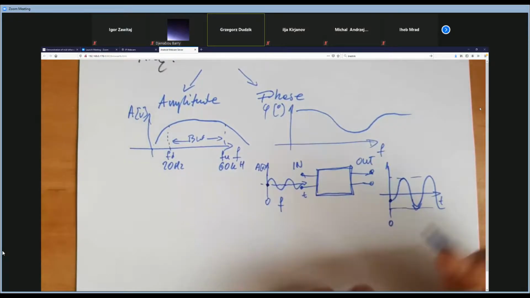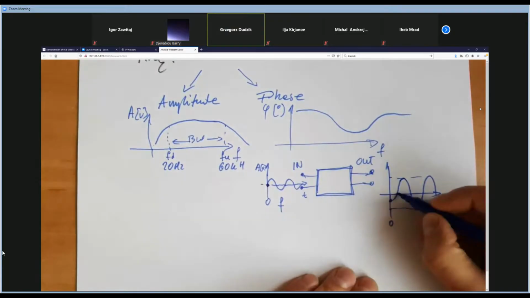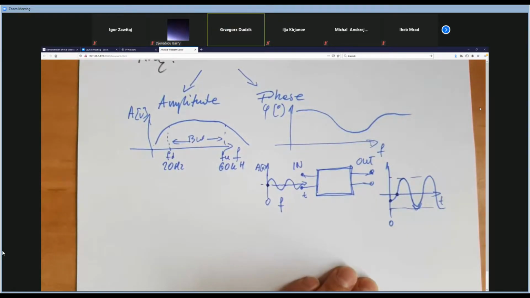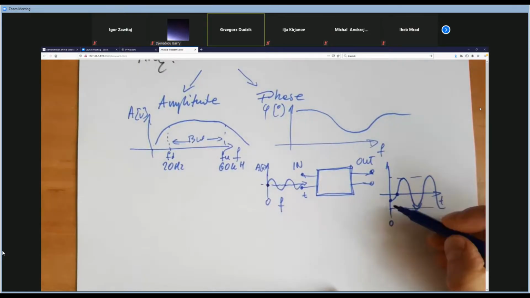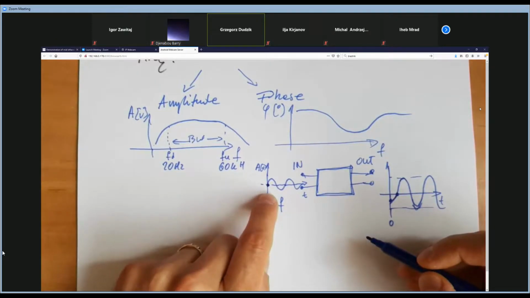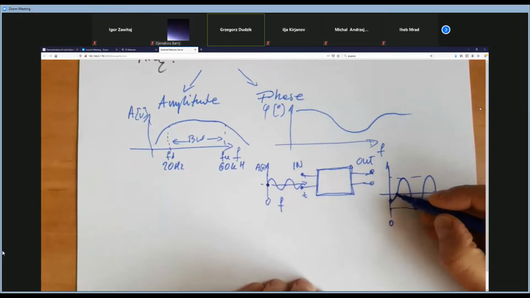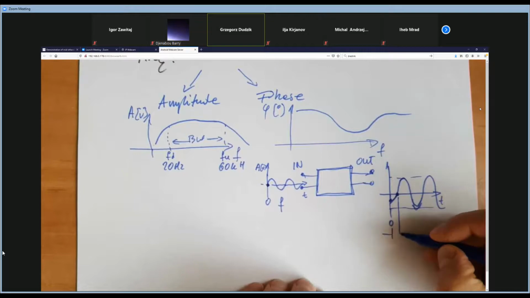It is not starting at 0. The 0 is here. So as you see, we can observe some time delay between the output signal and the input signal. This time delay is defined here, delta t.